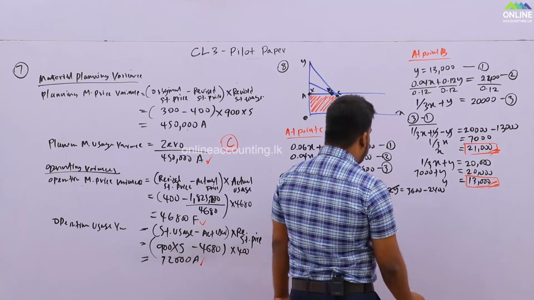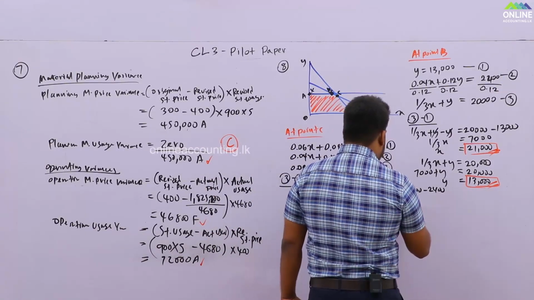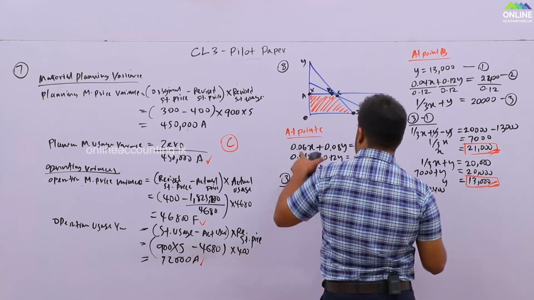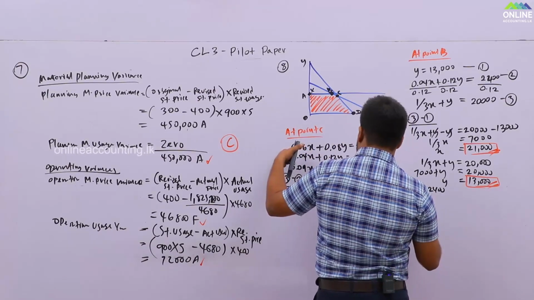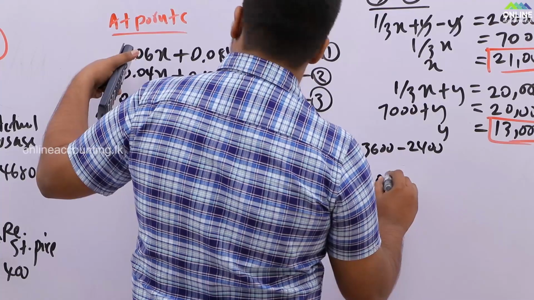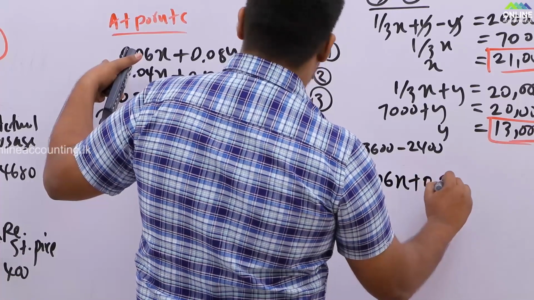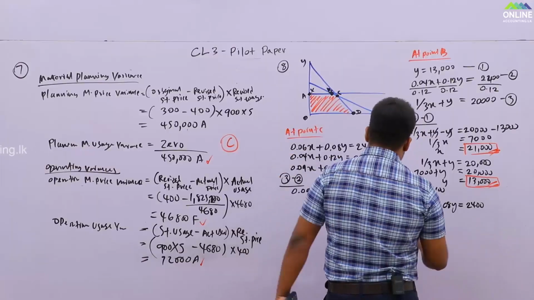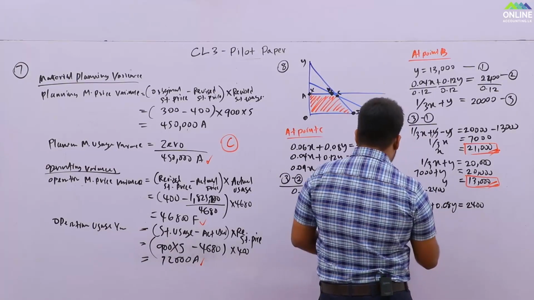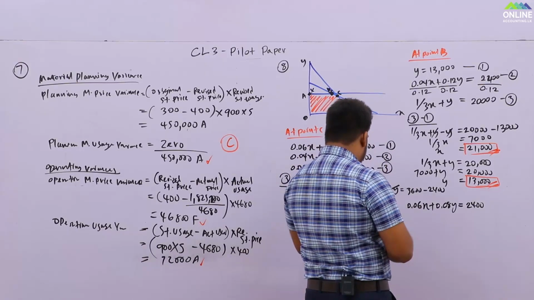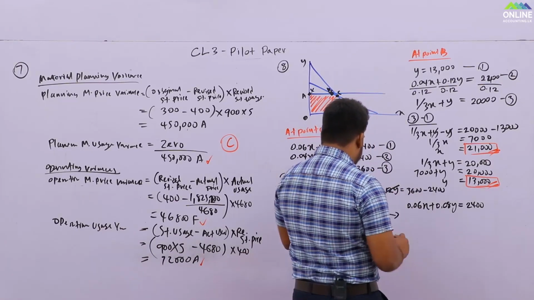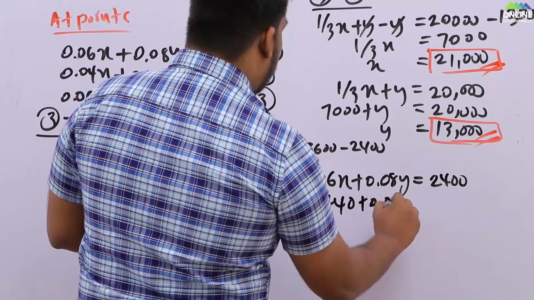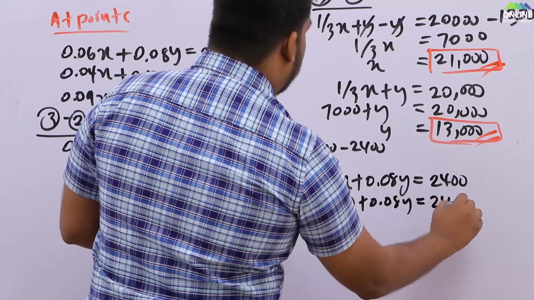Then put this into one of the formulas. We'll put it in the first one: 0.06x plus 0.08y equals 2400. So x is 24,000, times 0.06 is 1440, plus 0.08y equals 2400.